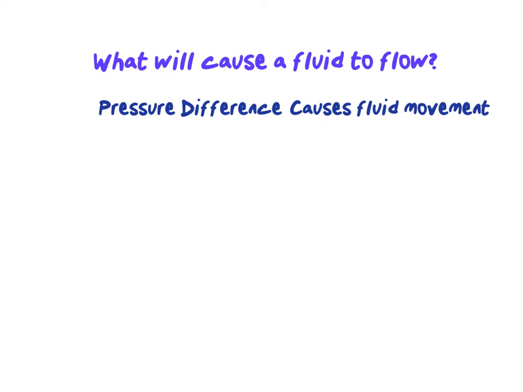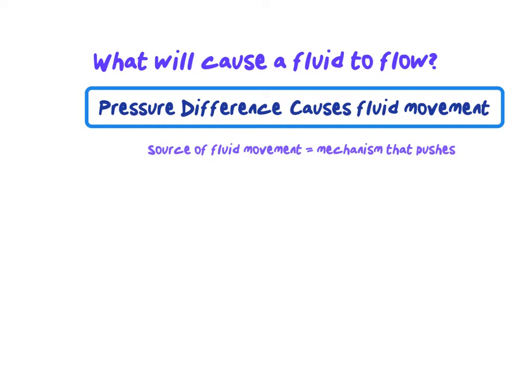Very good. Now, if you consider that a source of fluid flow might be some sort of mechanism that pushes the fluid, then we could also establish a fluid flow from that perspective as well. But most of the time, what we're going to focus on is the difference in pressure being the reason for the fluid flow.